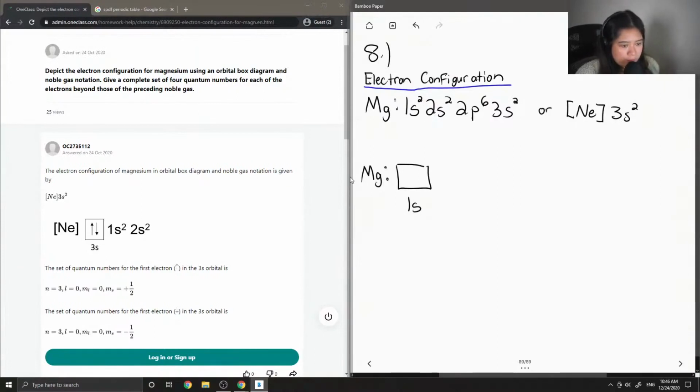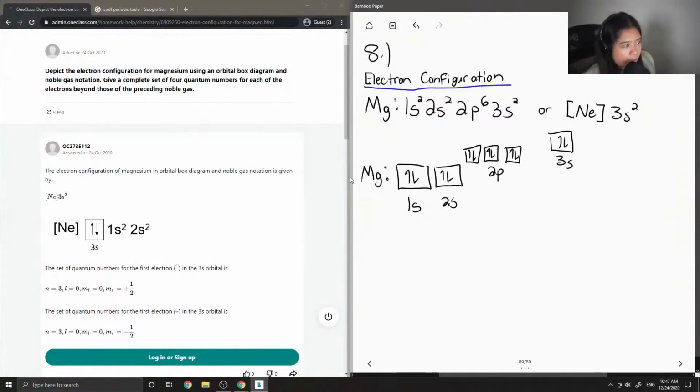So we start off with the 1s orbital that houses 2 electrons. And then the 2s has 2 as well. And then 2p contains 6 electrons. And then finally, the 3s contains 2 as well.